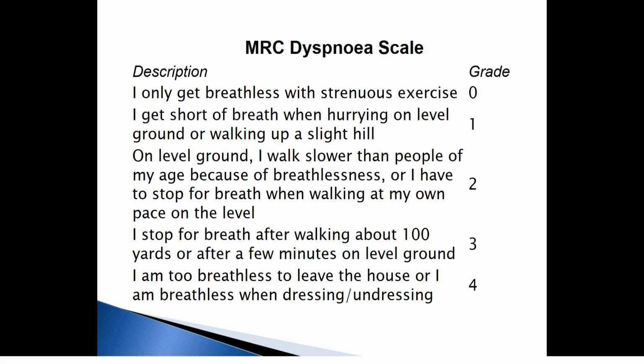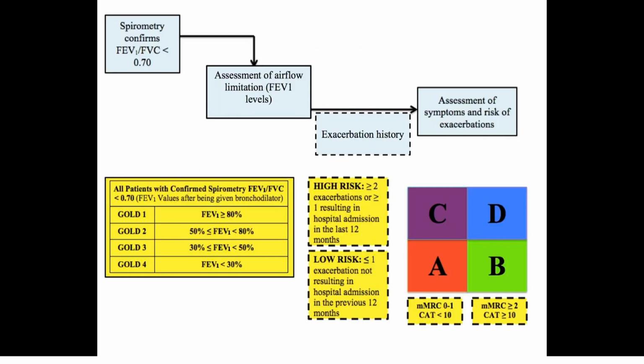Next, I stop for breath after walking about 100 yards or after a few minutes on level ground. 3 points. And 4 points if the person is too breathless to leave the house or breathless when dressing and undressing. So we can grade severity of COPD based on the level of dyspnea.